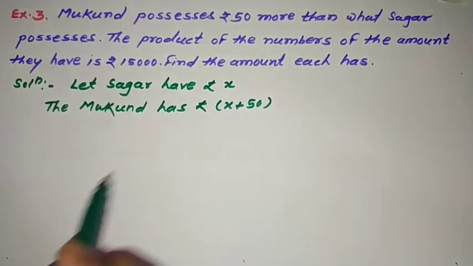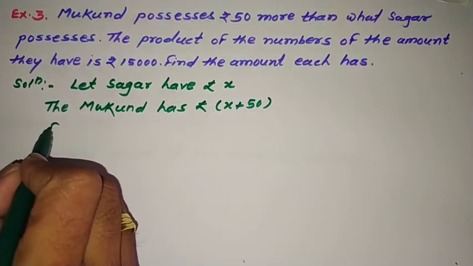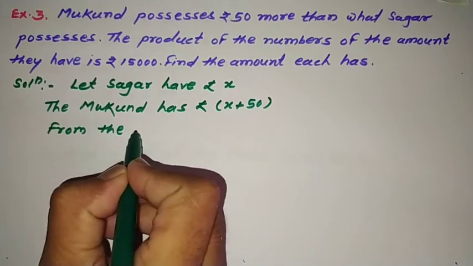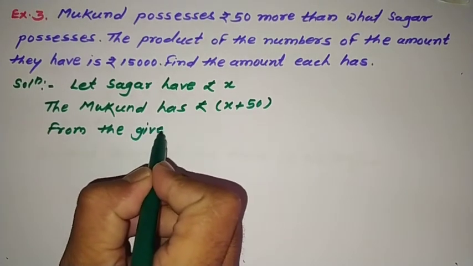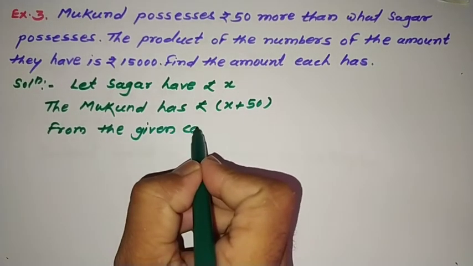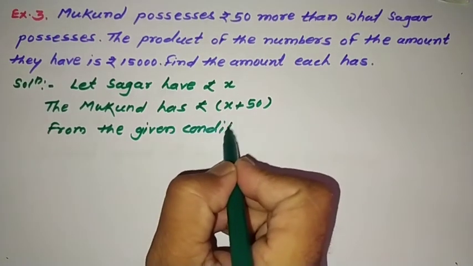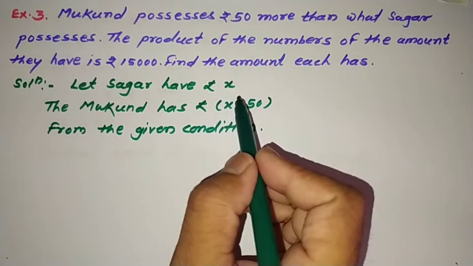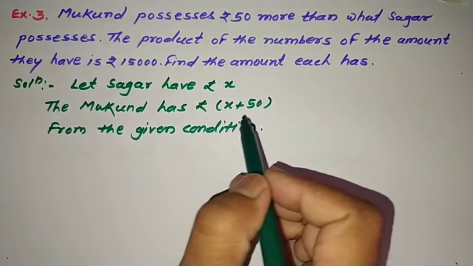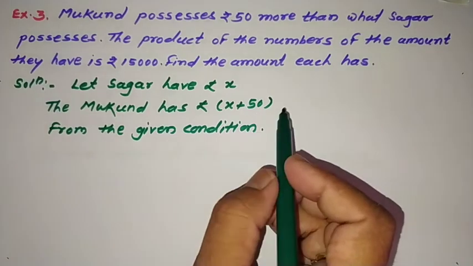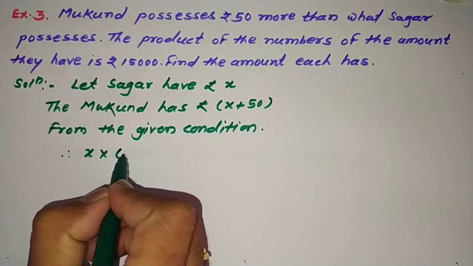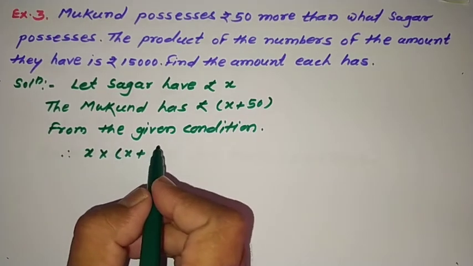From the given condition, the amount of Sagar's rupees and Mukund's rupees multiplication is 15,000.